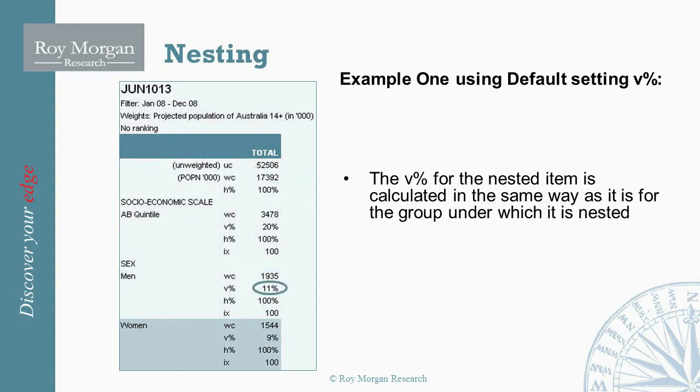And that gives us 11% of all people are AB men. And we have 9% of the whole population are AB women. Because the sex variable is nested within the socioeconomic variable, the V% for men and the V% for women adds to the V% for all ABs.